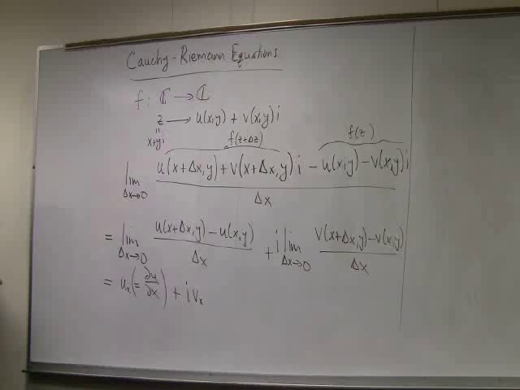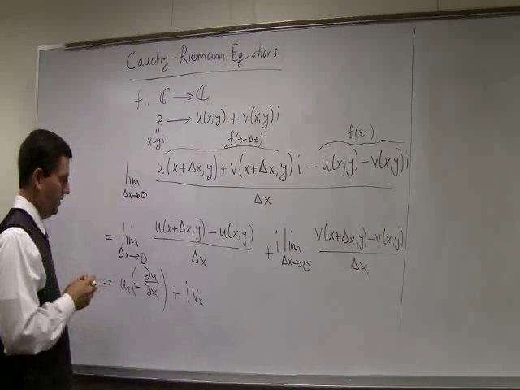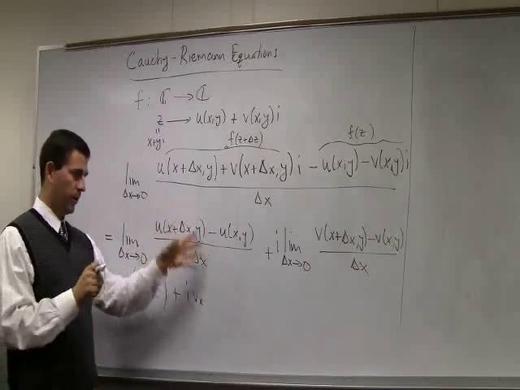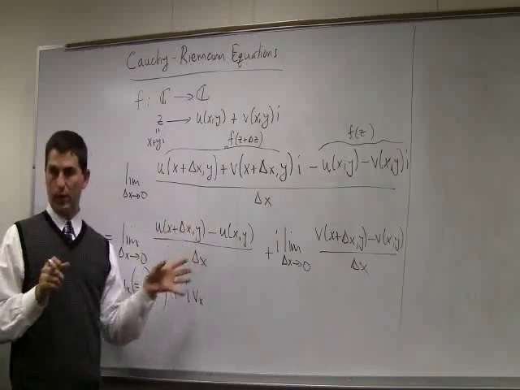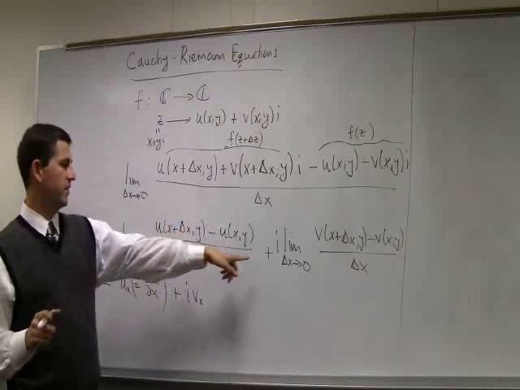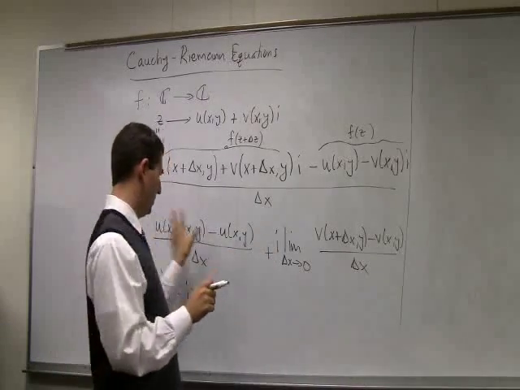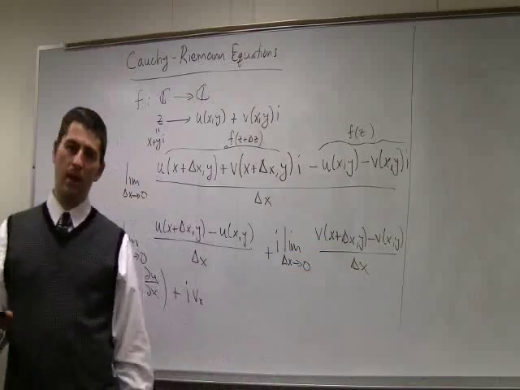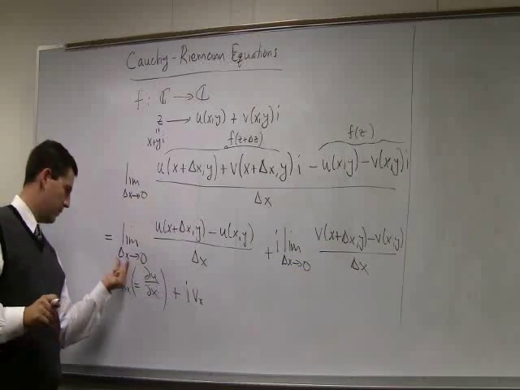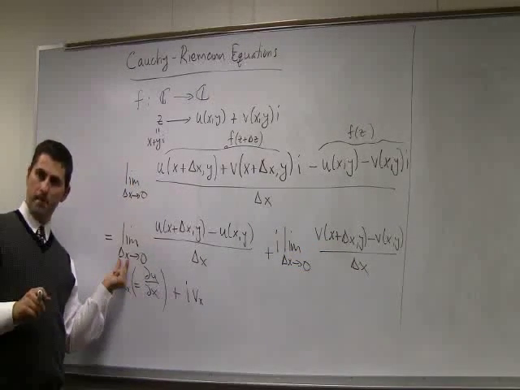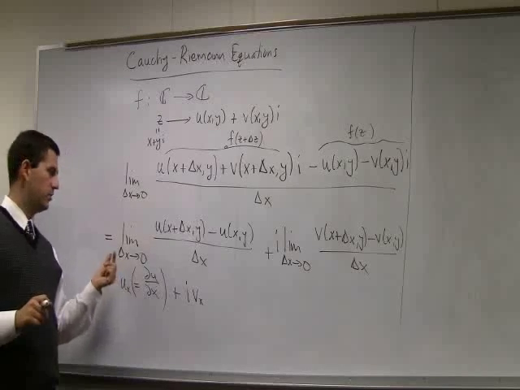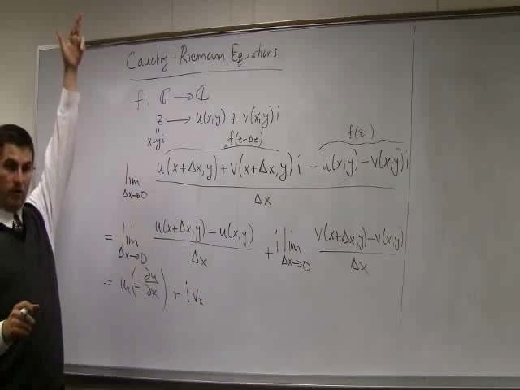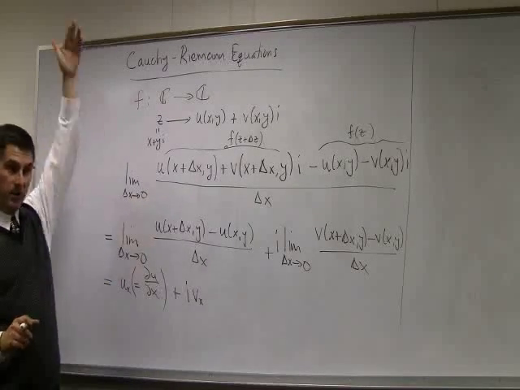Almost. But you see, we're trying to bring things back somehow into the real world, right? Other than this i sitting out front, everything here that you're seeing is a function of two real variables. And if you want to do that, for instance, this number down here should be a real number. So, to do this with y's, we'd want to move along the y-axis, which corresponds to the imaginary axis.